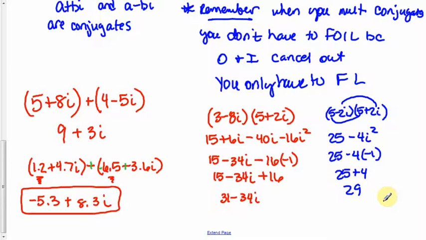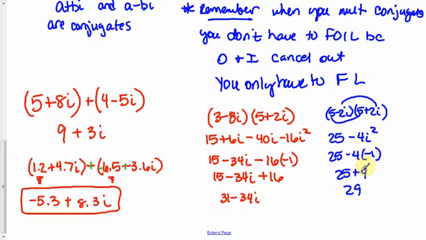Do you see a shortcut? Square the first term and plus the square of the last number? Did it end up being 25 plus 4?